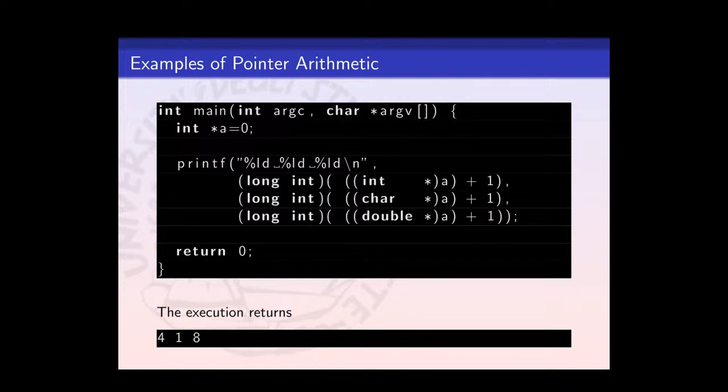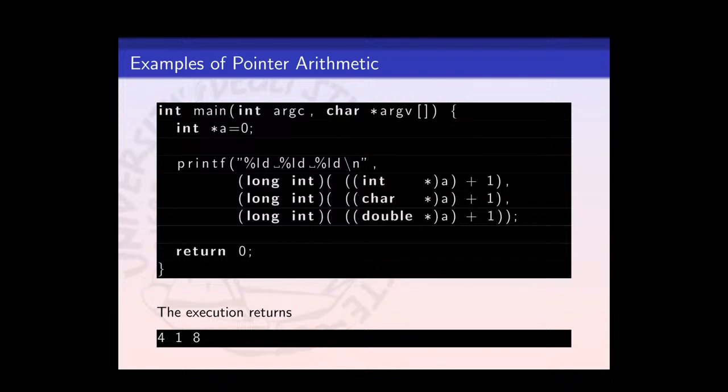Once this has been done, I increase the pointer by 1. I'm increasing by 1 the pointer to integer, the pointer to character, and the pointer to double.